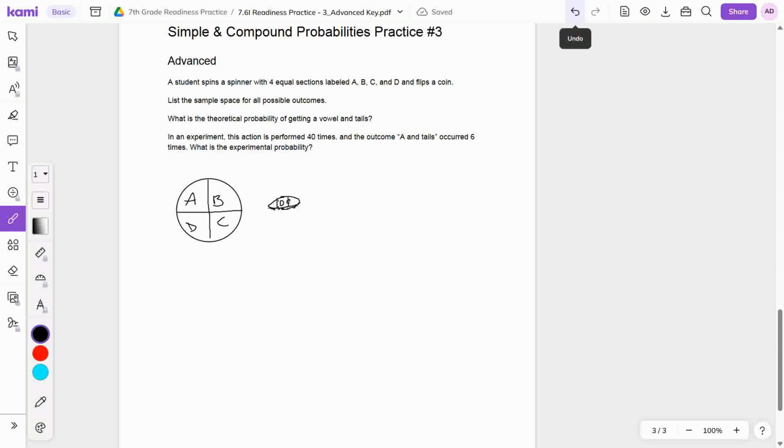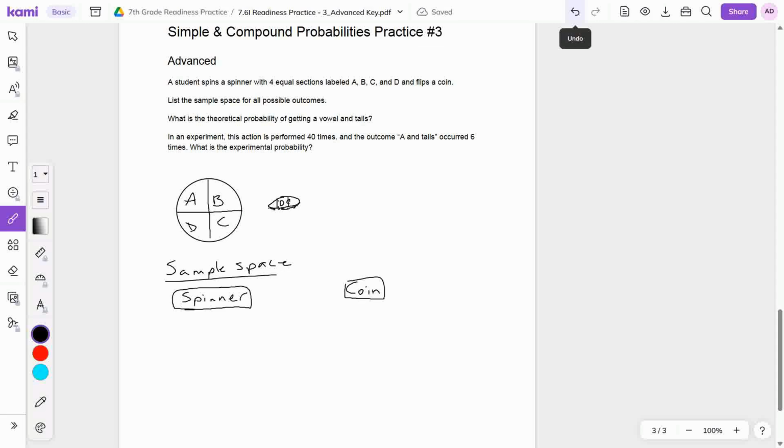List the sample spaces for all possible outcomes. Okay, so let's make our sample space first. And so we've got two different things we're dealing with. We've got a spinner. We're going to deal with that first. And then we've got the coin. And what we could do is we can look at them as ordered pairs. And so I'll make a table and then we can make the sample space, right?